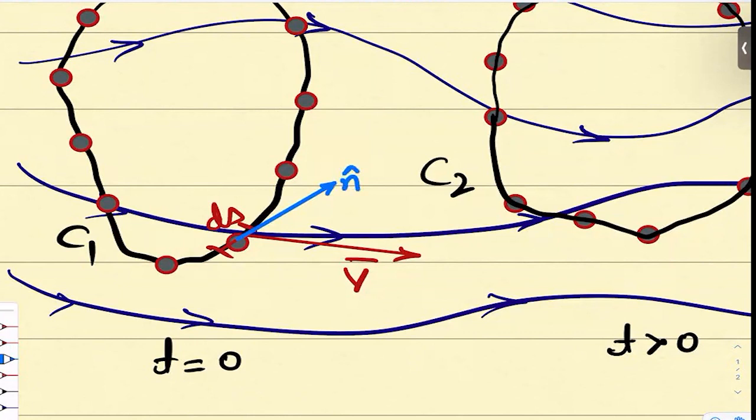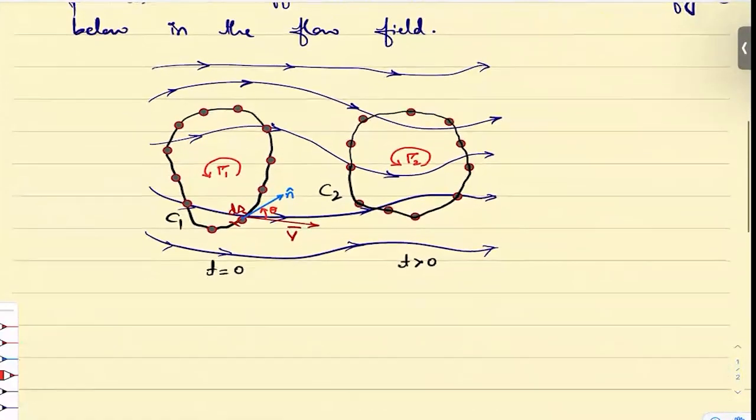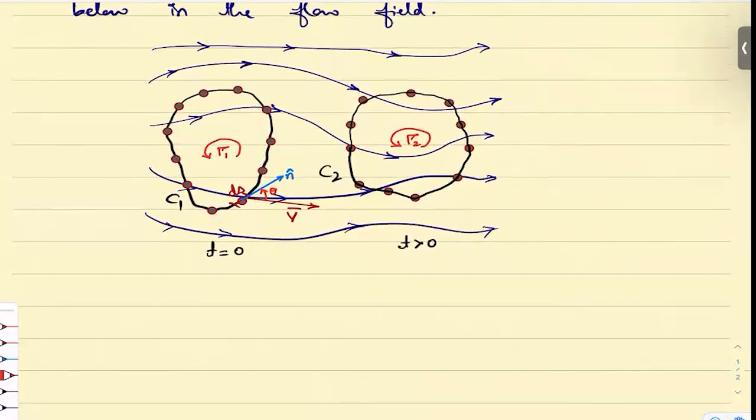Everybody do that. The angle between these two is this angle theta. So if you integrate v bar dot n cap ds, that is v bar dot ds bar, you get something called circulation gamma 1. Similarly, if you repeat the process on curve 2, you get gamma 2. So gamma 1 and gamma 2 are at two different times. Hope this is clear to everybody.